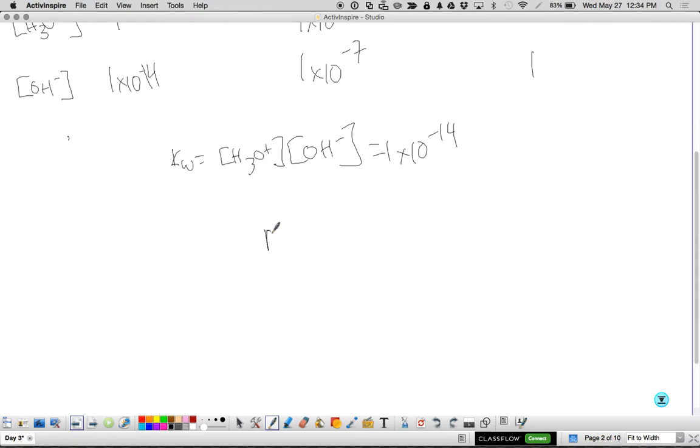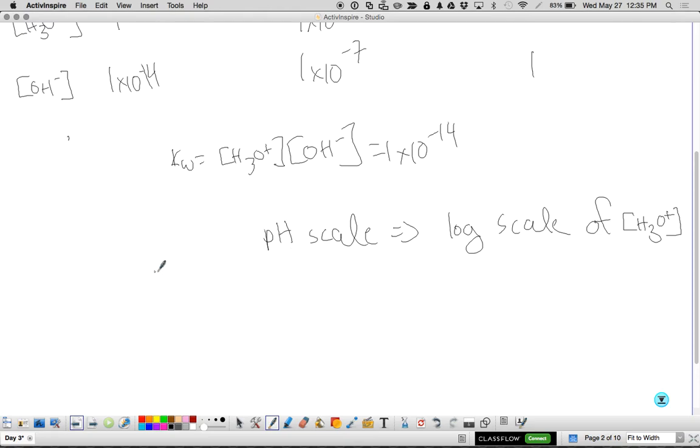And the pH scale is just a log scale that measures the concentration of hydronium. All right. Now, pH, nobody really knows what it means, but probably power of hydrogen. So like how much hydrogen ion you have in your solution.